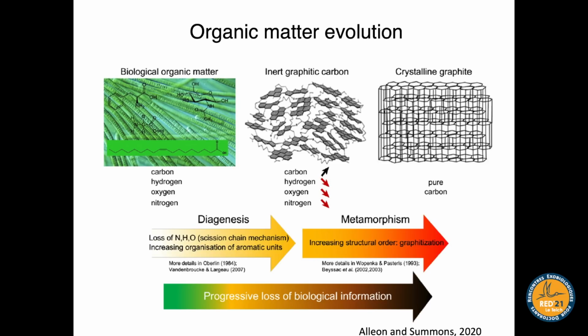And then these rocks will be cooked a little bit during diagenesis, so we will lose a lot of these elements, especially the hydrogen, the nitrogen, and the oxygen, and the carbon will start to reorganize. Then we will have something that is inert graphitic or disordered carbon, which still has a lot of carbon, but a much lower concentration of hydrogen, oxygen, and nitrogen.